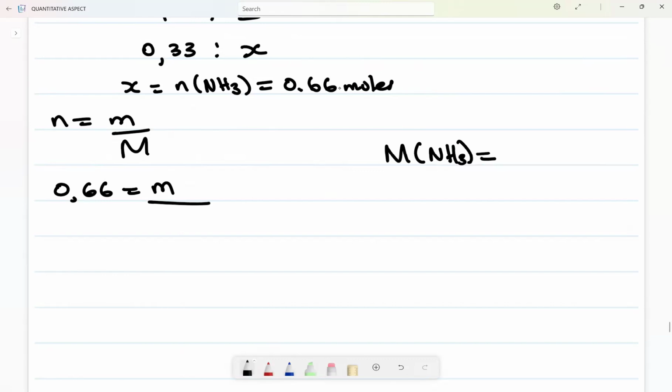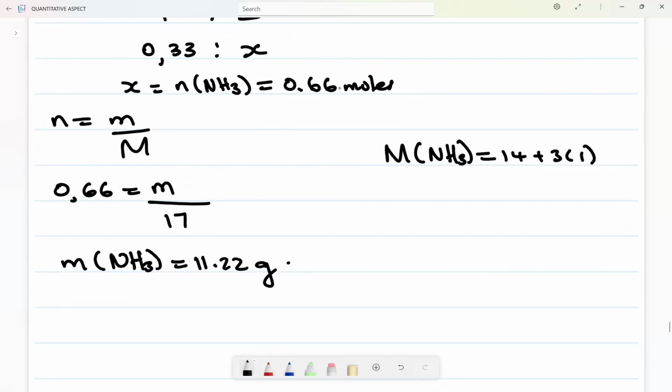I'm no longer collecting the data because you are now used to this. So ammonia, it is 14 plus 3 into 1, then it is 17. Then the mass of NH3, it is how much? 0.66 times 17. It gives me something like 11.22 grams.